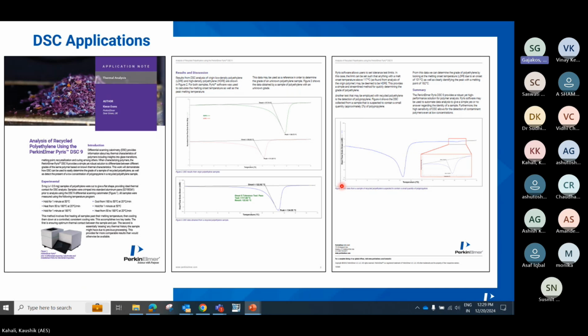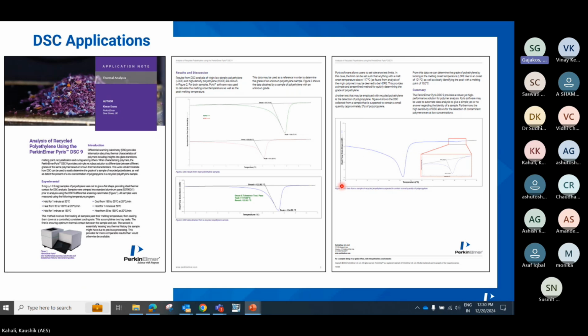While reusing this recycled plastic, which is coming mostly from the garbage, it can be contaminated, and the purity of that particular plastic can be degraded. So that needs to be understood or analyzed before it goes into the main plastic manufacturing.